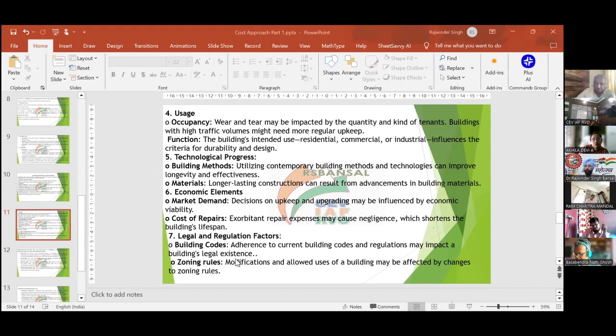That is the important thing. And then, of course, legal and regulation factors such as building codes and zoning rules. So if the building is not complying with the seismic requirement, it has to be demolished, even though it may be physically possible to keep it.